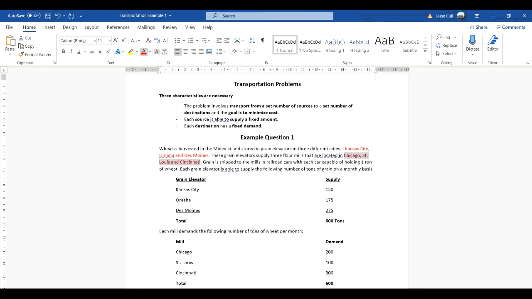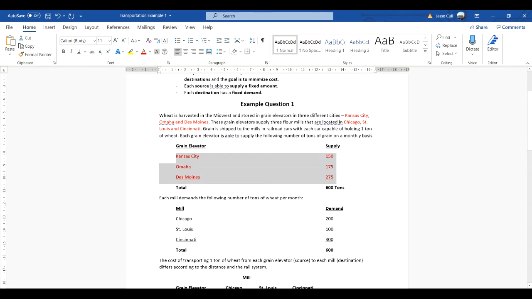That's our second key piece of information, where the flour mills are. Grain is shipped to the mills in railroad cars, with each car capable of holding 1 ton of wheat. Not important. If each car is identical, nothing important is happening there. Each grain elevator is able to supply the following number of tons of grain on a monthly basis. So this becomes important. This is how much we can supply. Each mill demands the following number of tons.